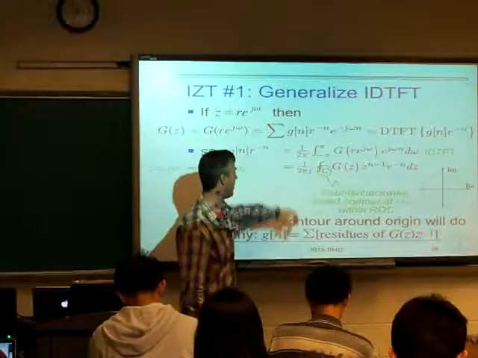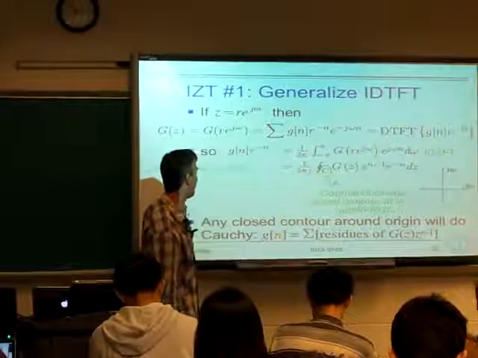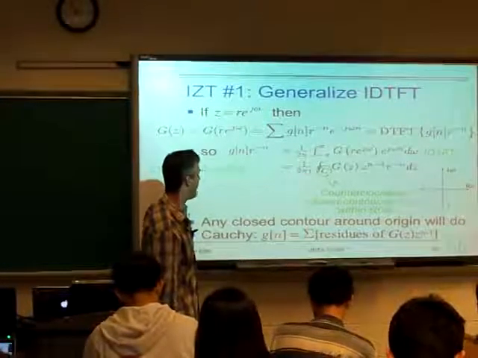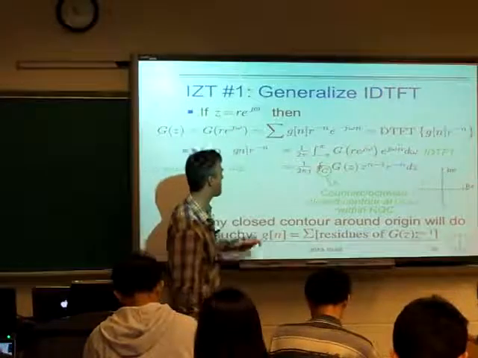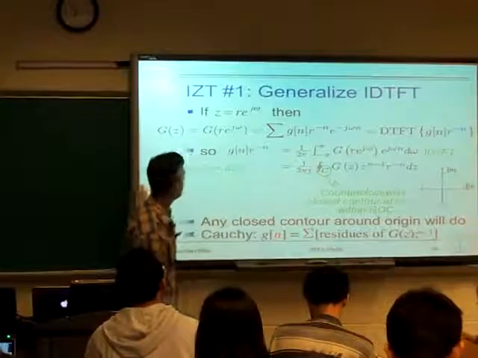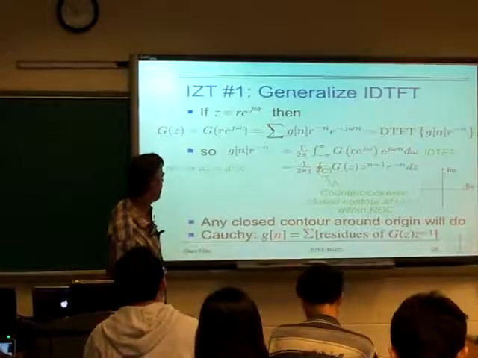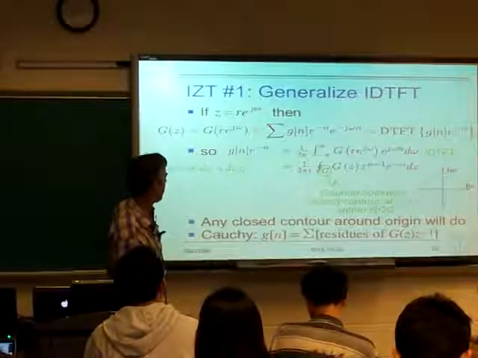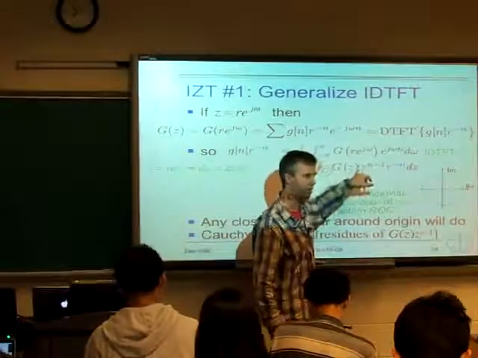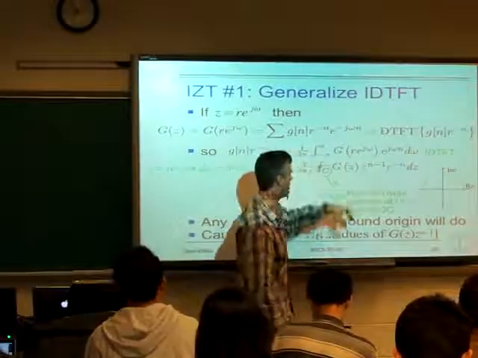But we end up with a valid expression here, and we can knock out these r to the minus n's if we want to. We just have to be able to find some value of r where our expression is valid, and then it works out.